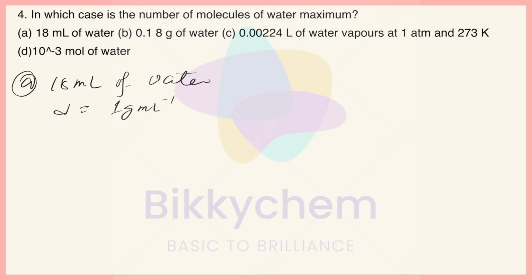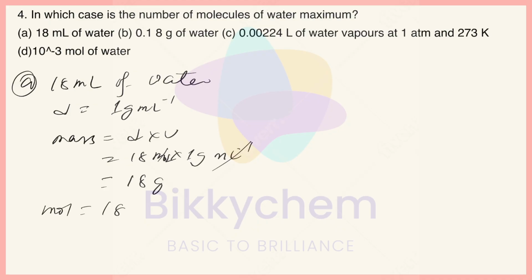So mass will be density into volume, so 18 ml into 1 gram per milliliter. So ml will cancel, 18 gram will be the mass. So mole will be 18 gram by 18 gram per mole, which is 1 mole.